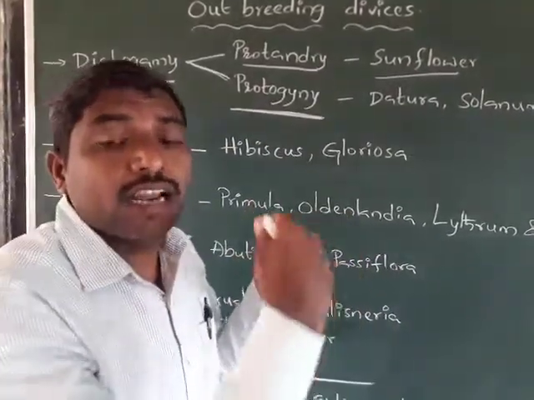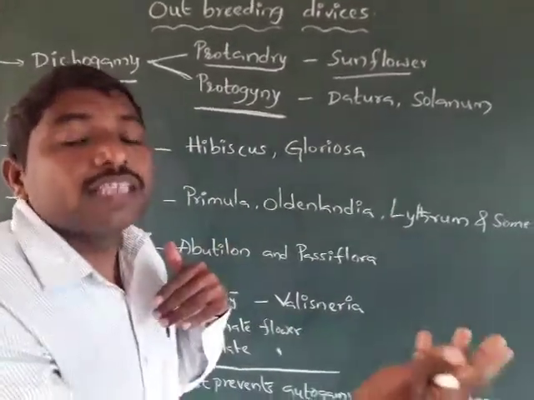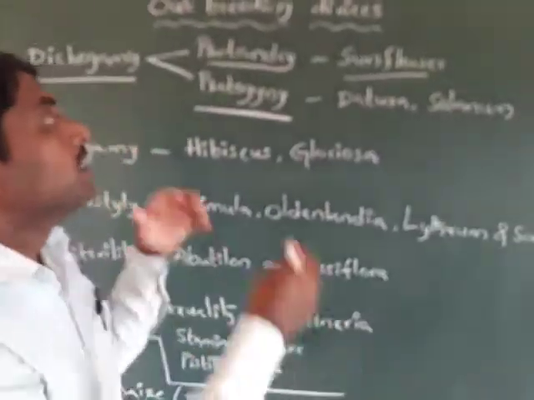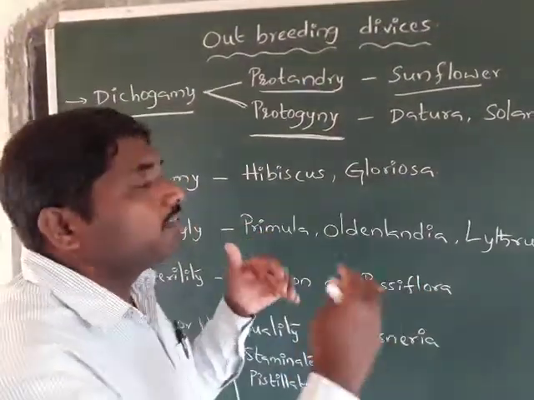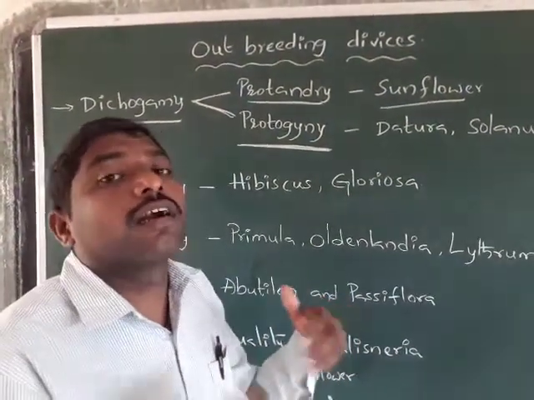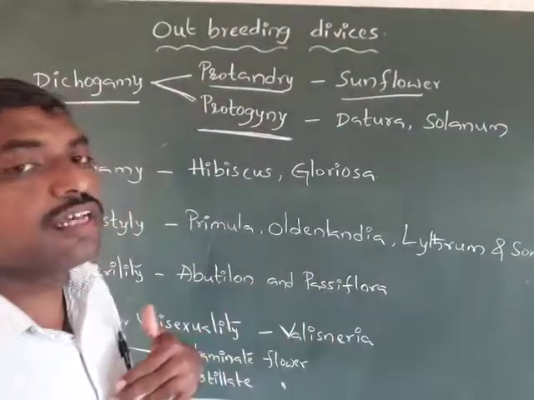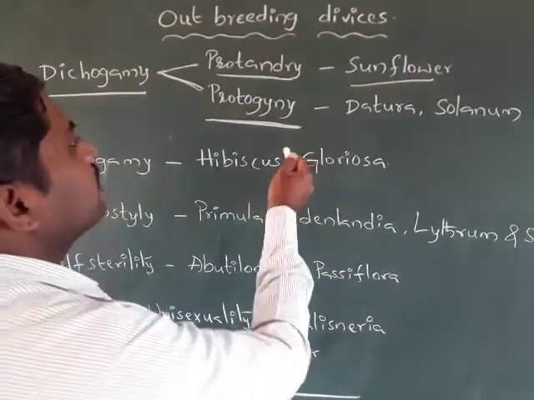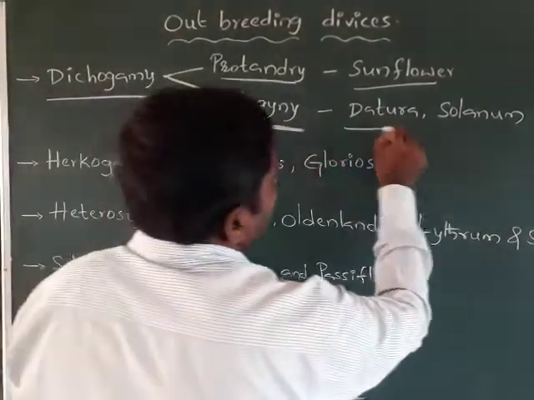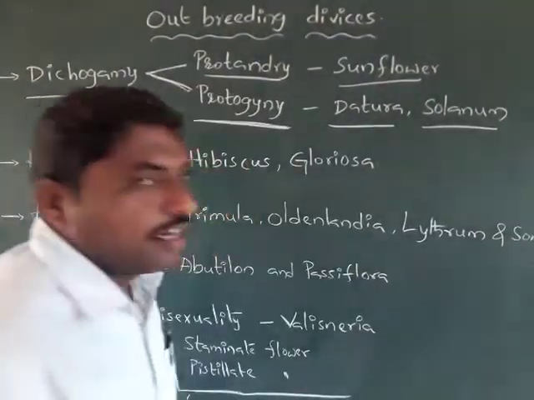It encourages cross pollination and avoids the self pollination process. That is the main purpose of these devices. Examples of protogyny are datura and solanum.